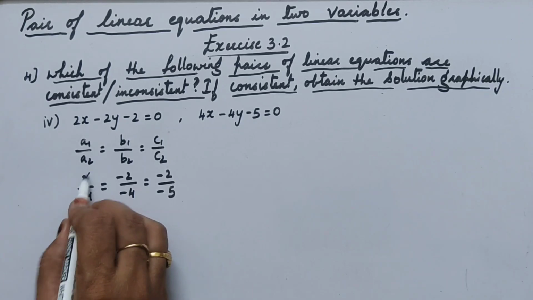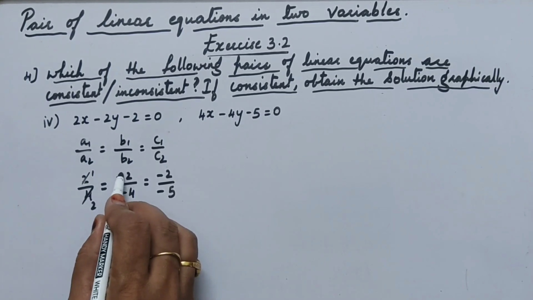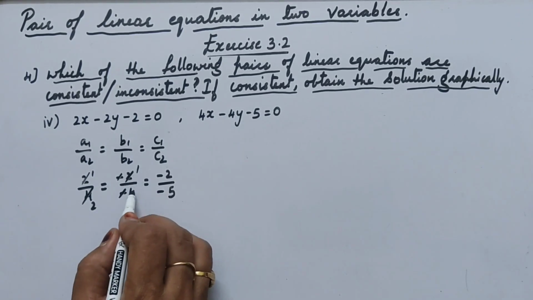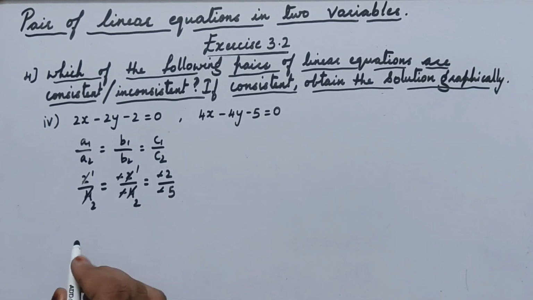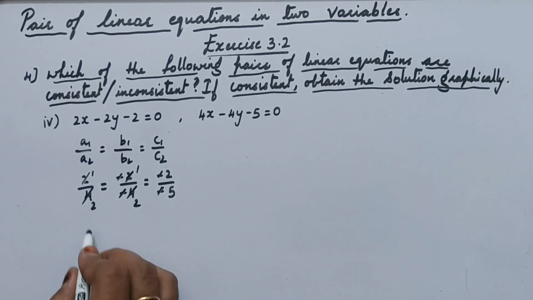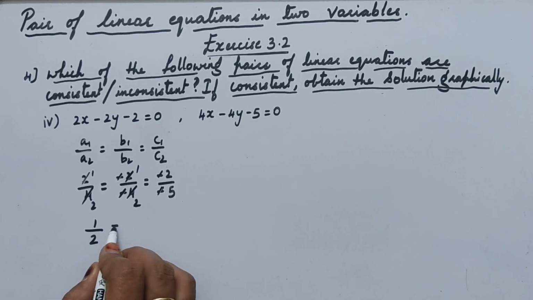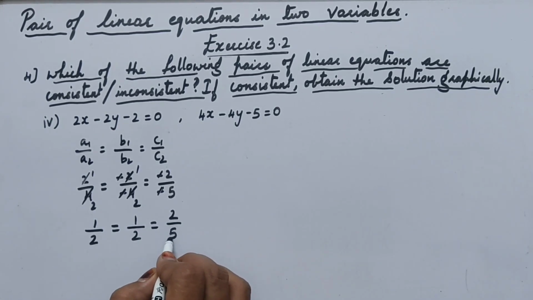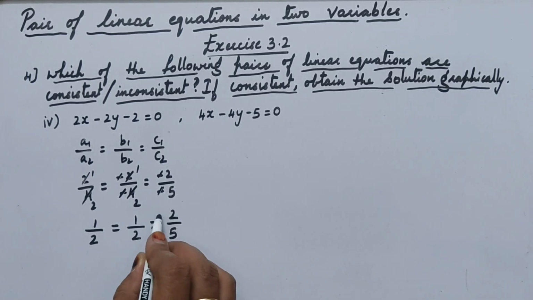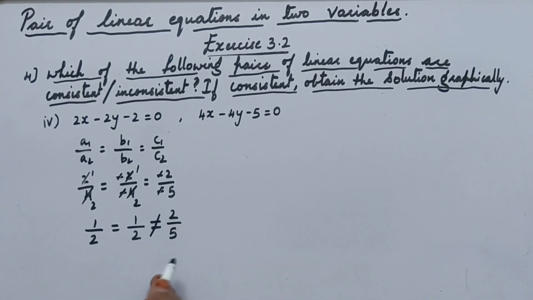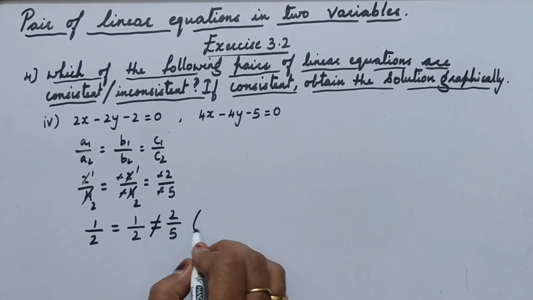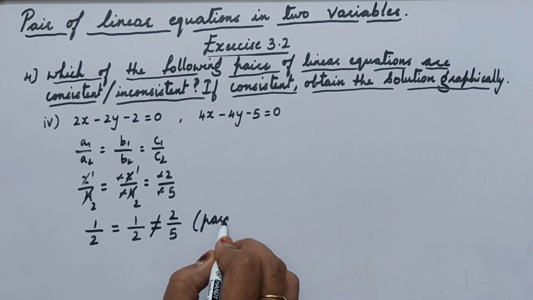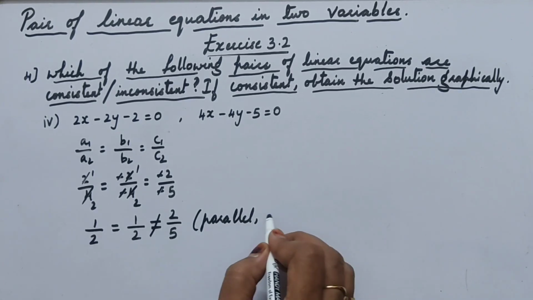Now here 2 ones are 2, 2 twos are 4, minus minus gets cancelled. Okay, now here we have got 1 upon 2 equal to 1 upon 2 equal to 2 upon 5. Are these both equal? No, they are not equal, right? So this is parallel and inconsistent, students. Parallel and inconsistent.